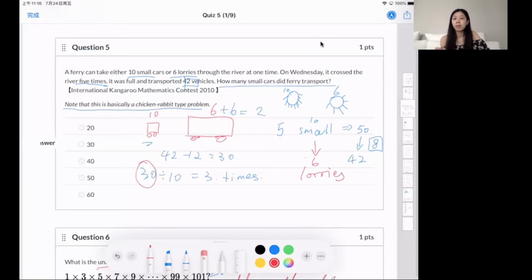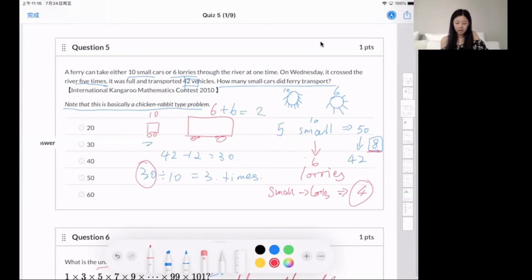In chicken and rabbit, we know when we replace, there's 2 more feet. Here, when we replace, it's 4 more feet from small cars to lorries. And here's 2, here's 8.